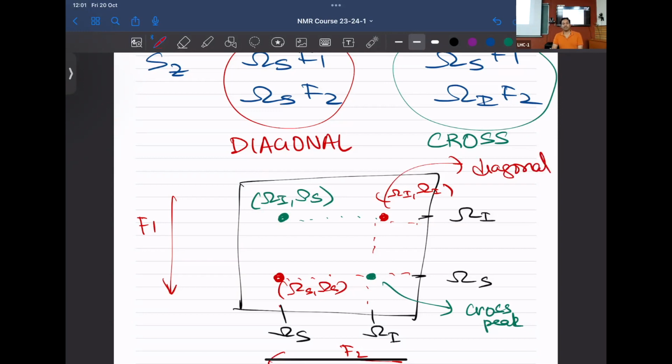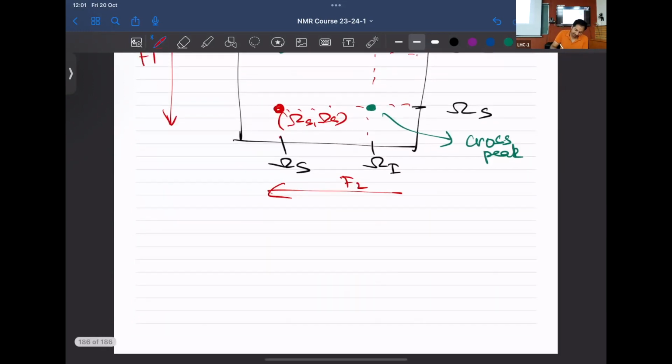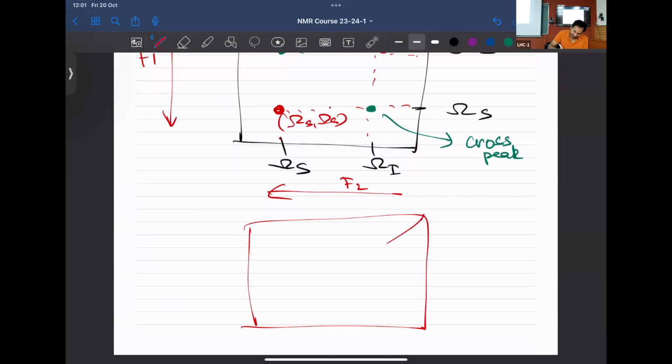What have we achieved from this experiment? This experiment achieves the following: if two protons are scalarly coupled, then you'll get a cross peak, else you will not get a cross peak. So for instance, take an ethanol spectrum. These will be the diagonal peaks. Ethanol had three peaks: the methyl, methylene, and hydroxyl.